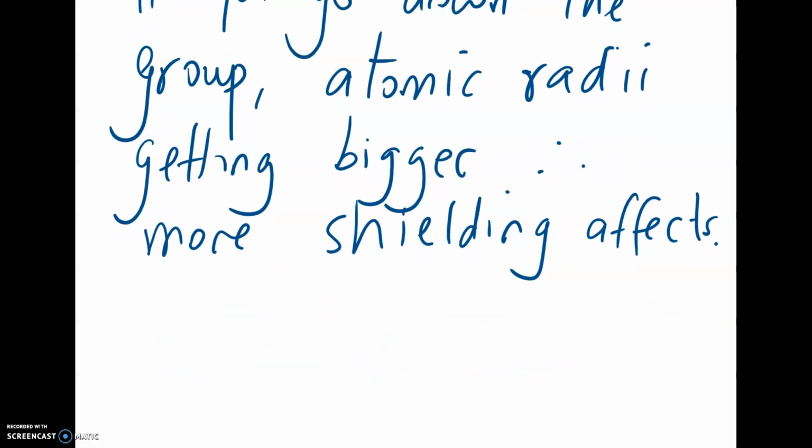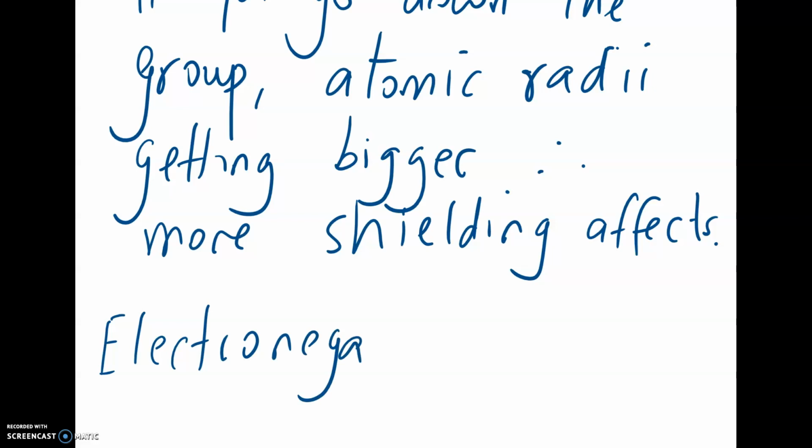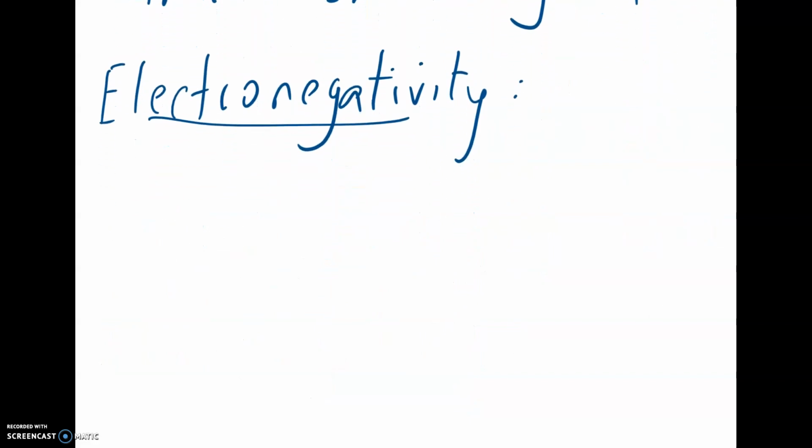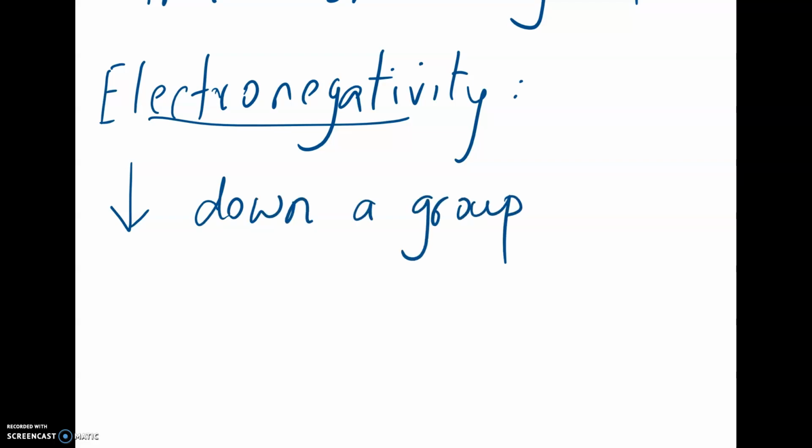And if you are looking at A level, then you need to know something about electronegativity, which means the ability for an element to take on electrons and pull them off. And if you go down a group, the electronegativity decreases.